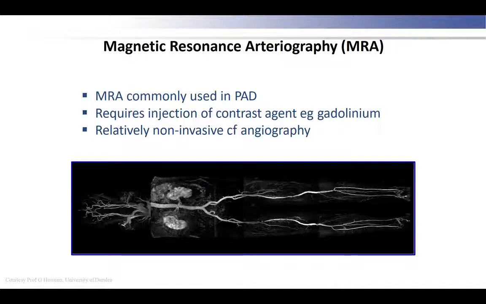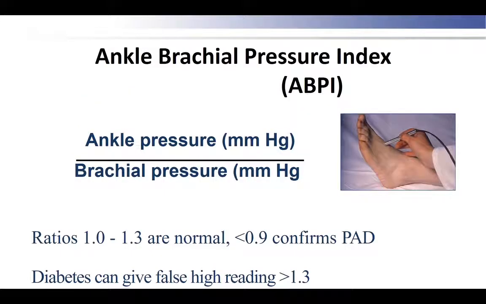But to make the diagnosis, you want to do the ankle brachial pressure index. You measure the arm blood pressure and divide it into the ankle pressure, and that will give you a ratio between 1 and 1.3. If it goes down, it's abnormal, and below 0.9, we say this confirms peripheral arterial disease because it gives you a 90% sensitivity to detect a 50% stenosis in one of the major vessels.